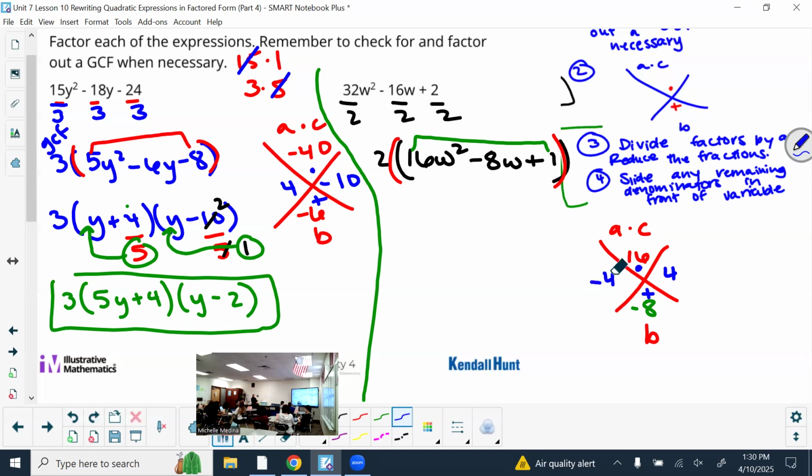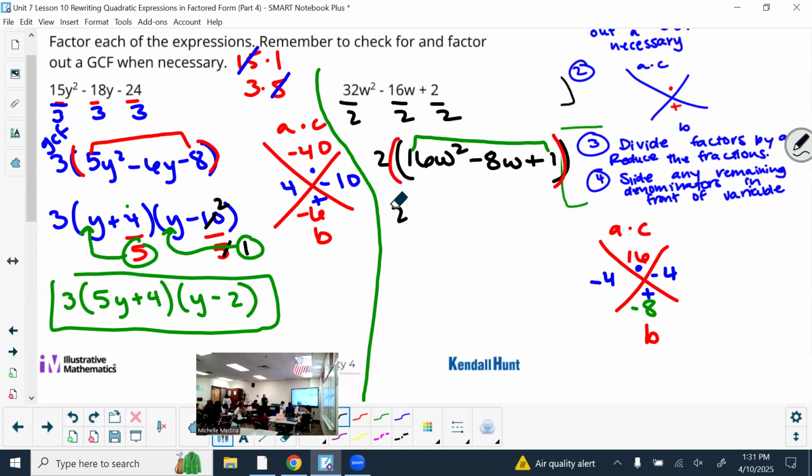If one of them is negative, then it equals 0 when I add them, and it would multiply to a negative. We're almost there. If it multiplies to a positive but adds to a negative, then they both have to be negative. Now it works.